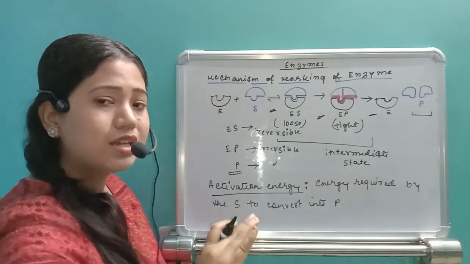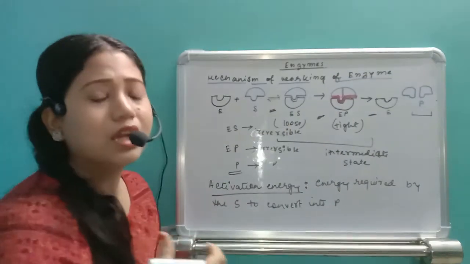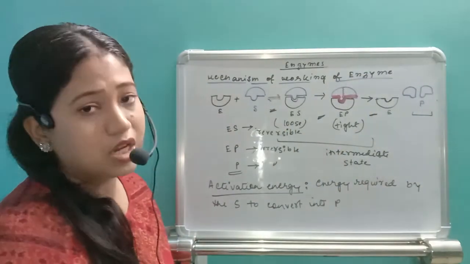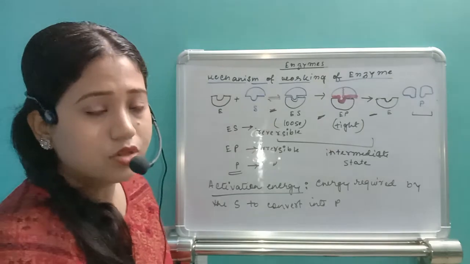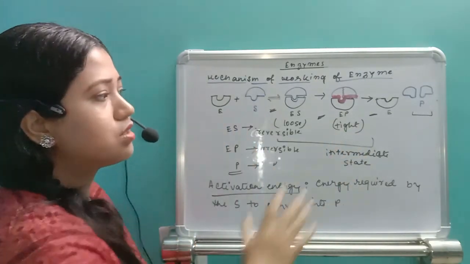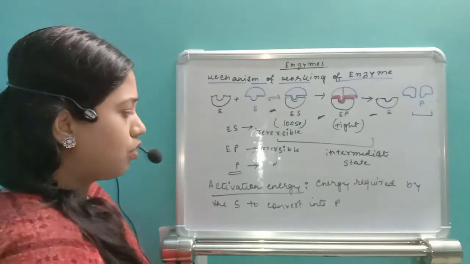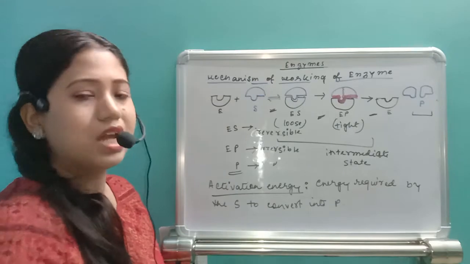Then it requires the next level of energy so that the chemical bonding, the chemical structure, can be changed, and after that the product will be formed. So the minimum energy required by a substrate to convert into the product will be called activation energy.